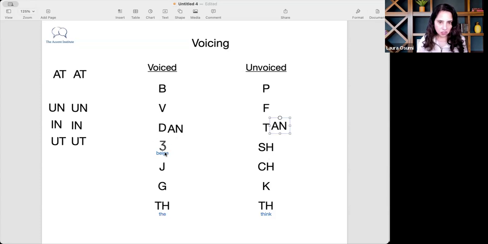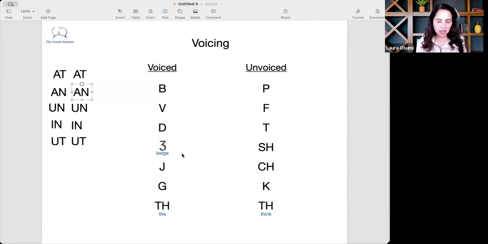Now this zh sound does not start a word, unless it's a name like Jean, which is more of a French name. But in English, it really doesn't start any words.